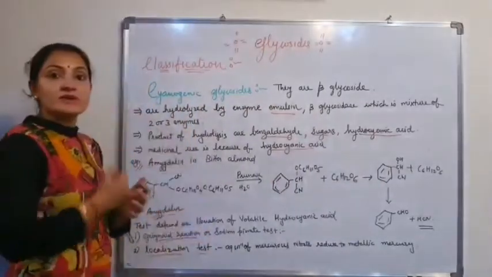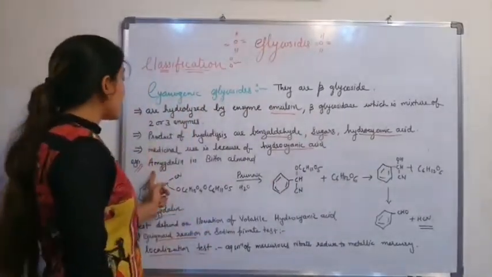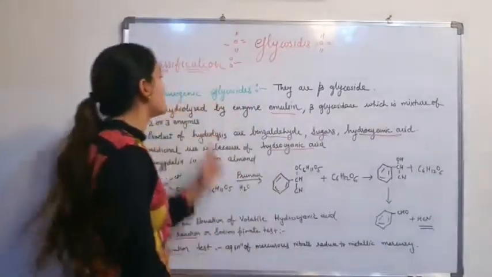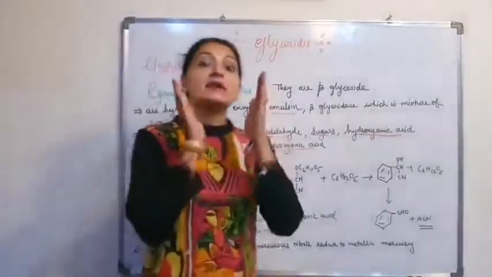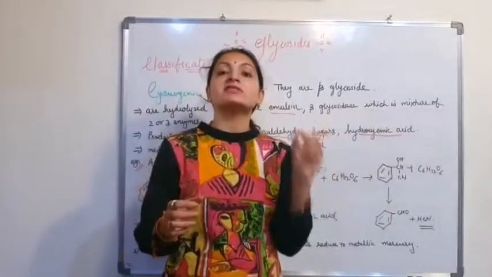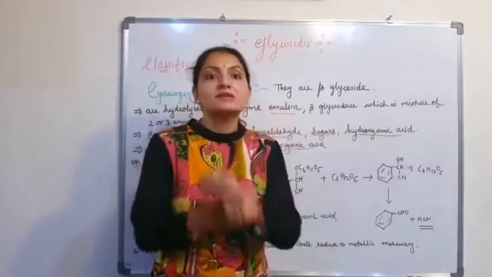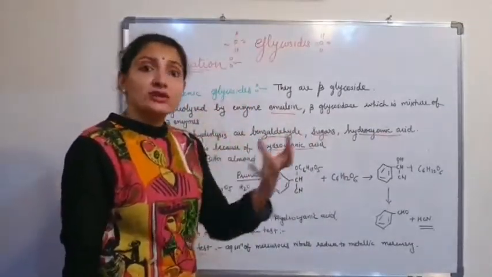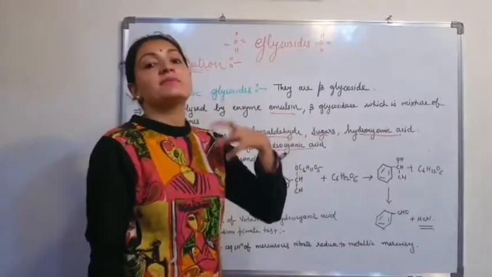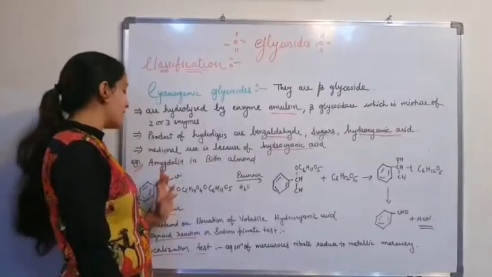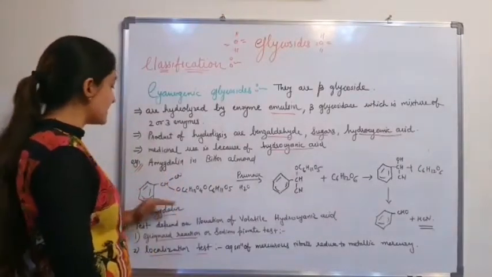Here I am giving one example, which is amygdalin, present in bitter almond, a beta glycoside which comes in the class of cyanogenic glycosides. The almond we all know, but the bitter almond is bitter in taste because of the amygdalin. And this is the structure of amygdalin.